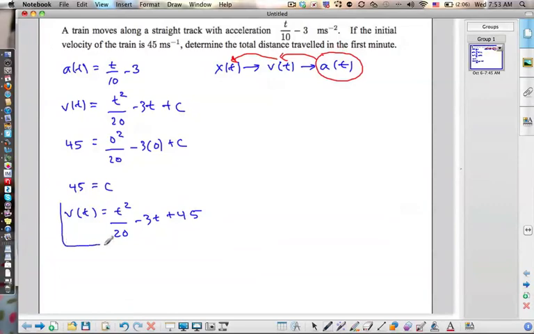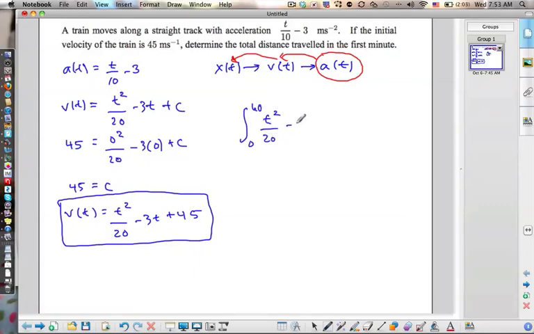That's our velocity. So then it says we need to find the distance traveled in the first minute. These are in seconds, so we need the integral from 0 to 60 of t squared over 20 minus 3t plus 45 dt.